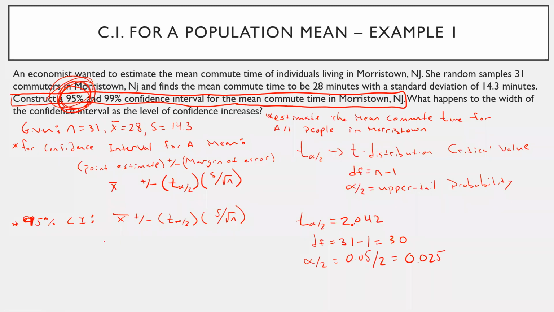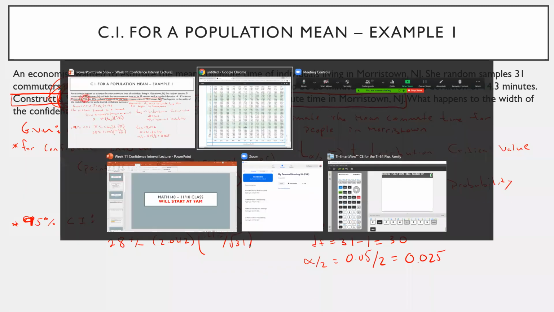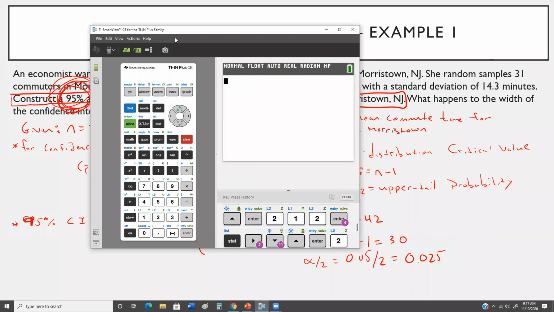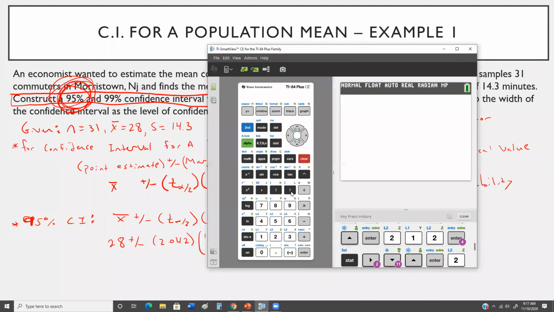All right, so this is just a plug and chug now, okay? It's 28, add and subtract 2.042 times s, which is 14.3, over the square root of 31. So grab your trusty calculator that never lets you down. It's always there when you need it, like for a ride to the airport or something.